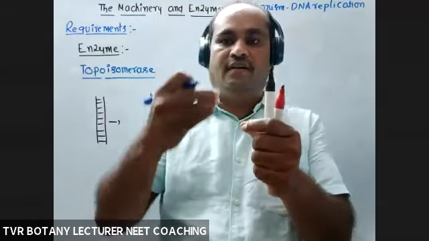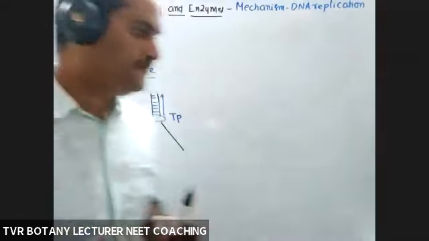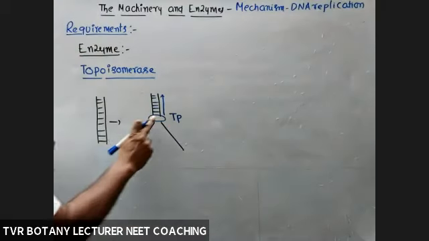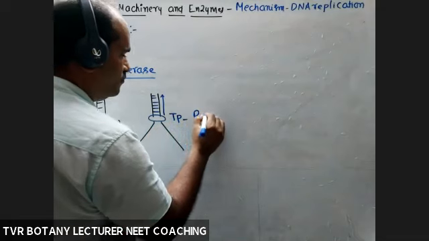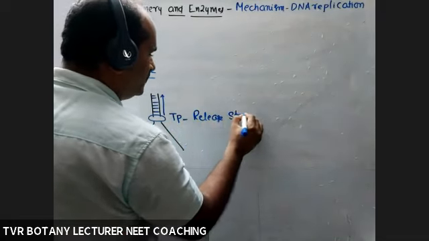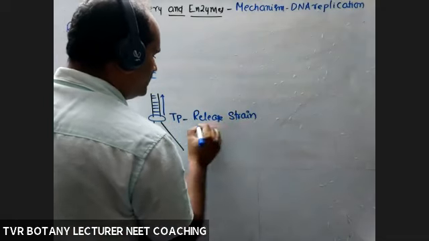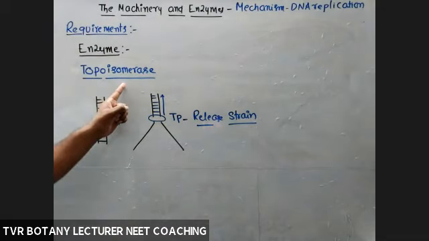Now we can open the so-called rungs or steps gradually. So the purpose of this one is that it is able to release strain caused by opening strands. So that is about topoisomerase. This enzyme is also not given in the NCERT textbook, beyond NCERT.